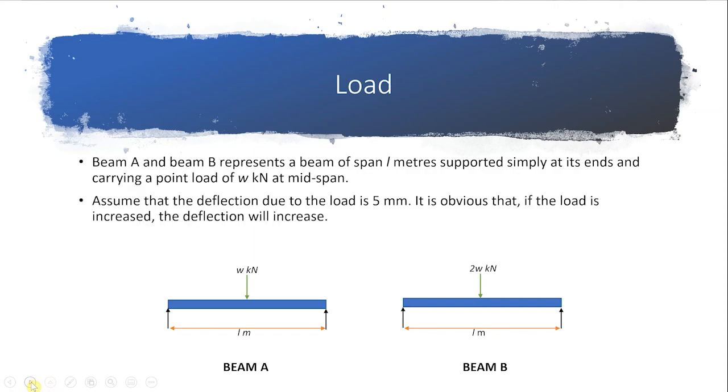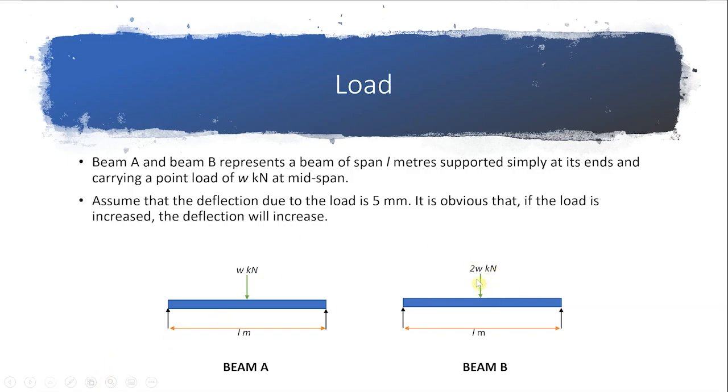Assume that the deflection due to the load is 5 mm. It is obvious that if the load is increased, the deflection will increase. So for beam A the load is W, but beam B is twice of W, meaning 2 times W. For beam A, perhaps its deflection is 5 mm. This is an example only. So if W kilonewton, the deflection is 5 mm.